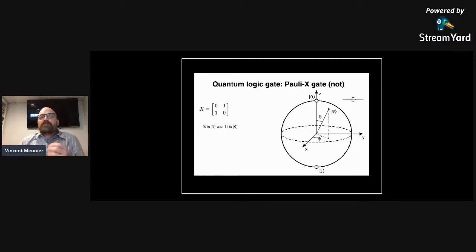And of course, for those who have had quantum mechanics before, I hope you recognize this gate. This is actually one of the Pauli matrices. There are 4 Pauli matrices, and this one is one of them. It turns out that the application of the Pauli matrix on this system is actually a NOT gate.